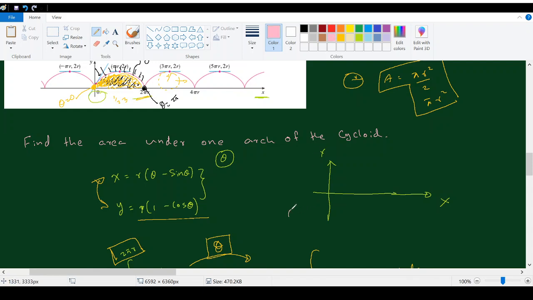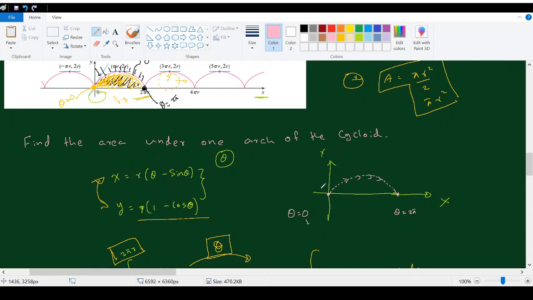The theory says that when theta is equal to 0, we start from this point, and when theta increases, it goes like this, right? And then it comes back, maintaining this half circle nature, and at this end point theta reaches 2 pi, so the curve goes like this, right?